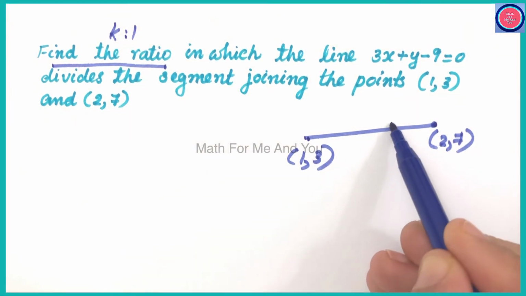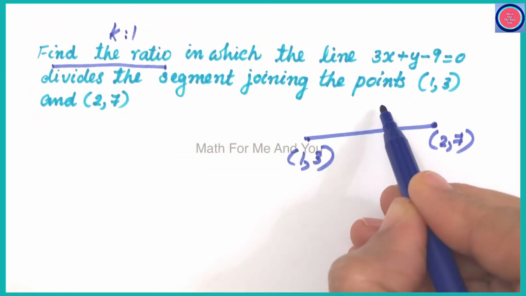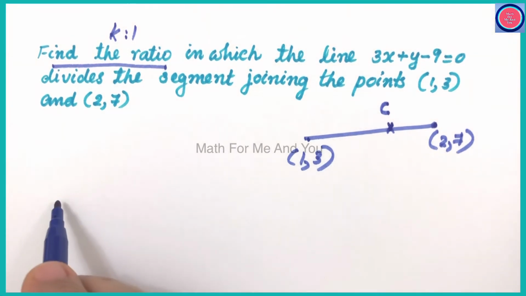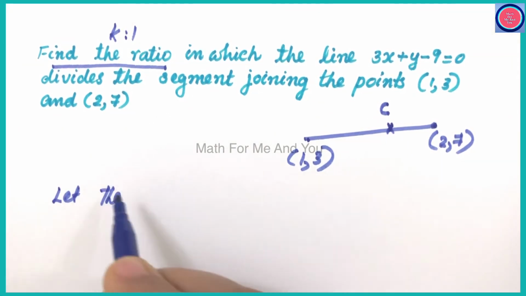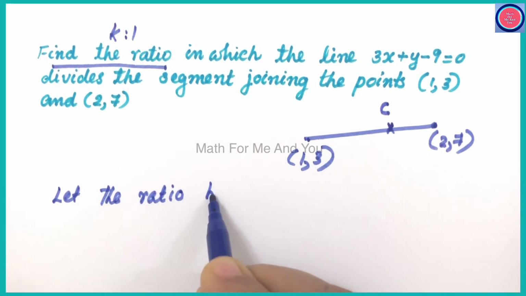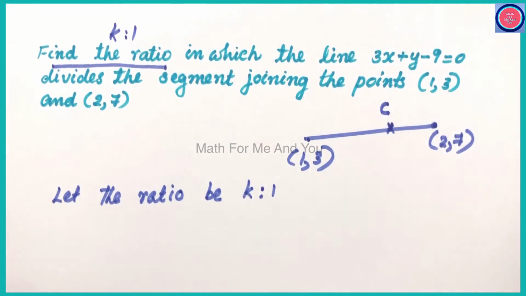For that, let C be the point on the line which divides the line segment in the ratio k:1. We just imagine C is the point, and now we can write the steps. Let the ratio be k:1. Now we are going to use the section formula.